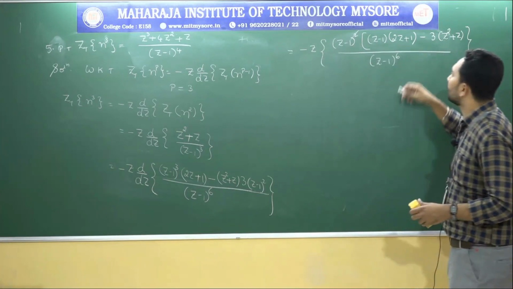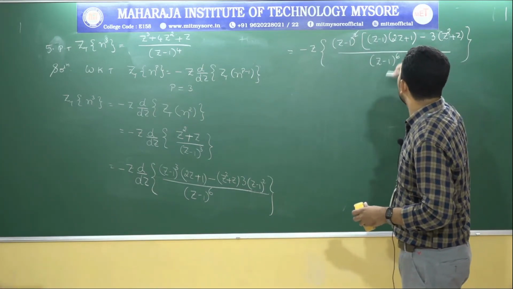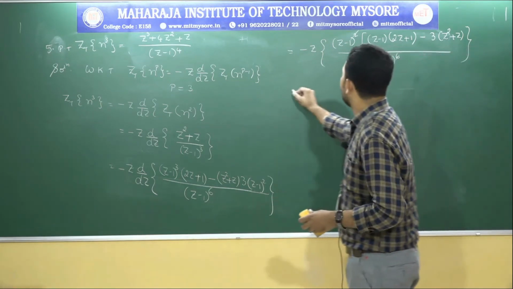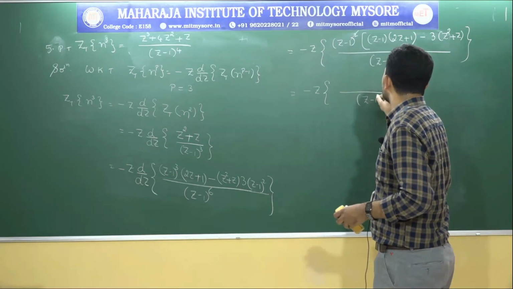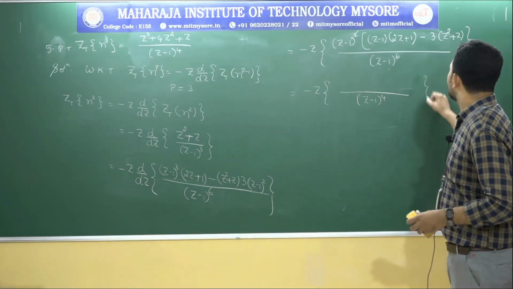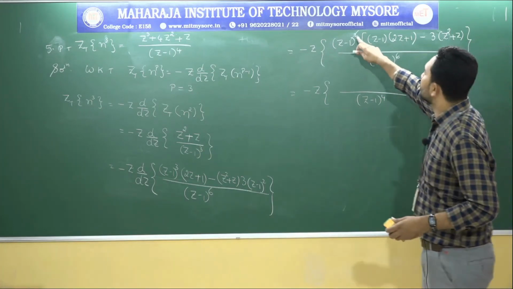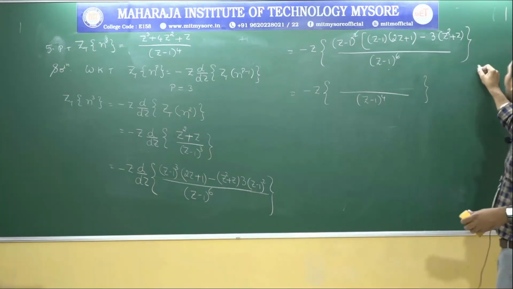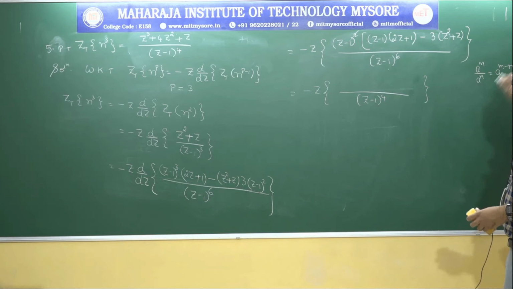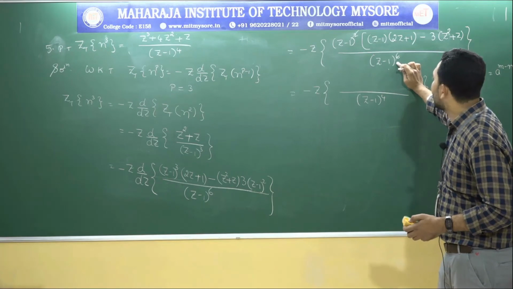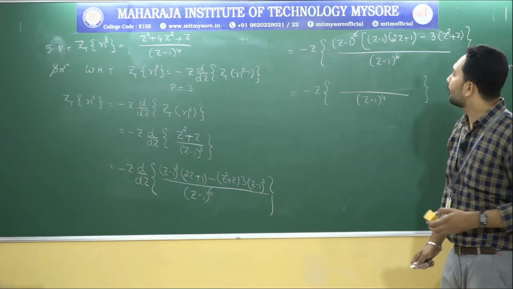So z minus 1 power 2 and z minus 1 power 6 will cancel. It is in the form of a power m divided by a power n, which is a power m minus n. Z minus 1 power 2 minus 6 is minus 4, and thus it comes to the denominator. That's why I have written here z minus 1 power 4.